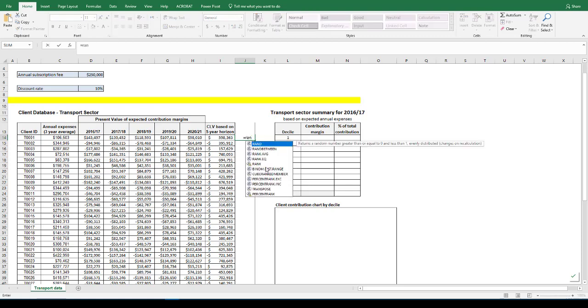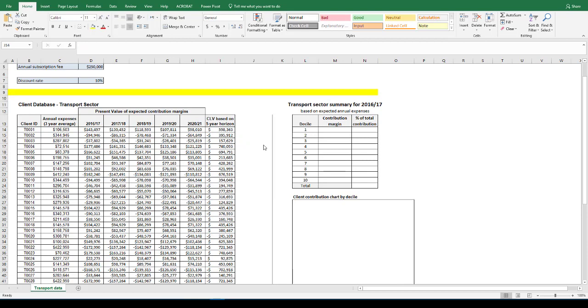You have to complete the number and also the reference. So rank: I want to rank the first client's CLV, so this number, and the reference is all of the CLVs.